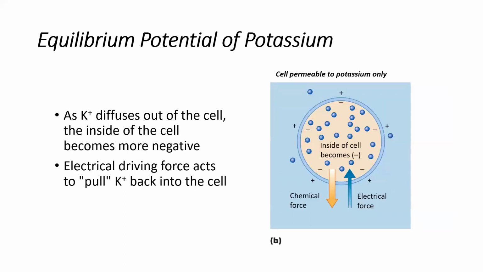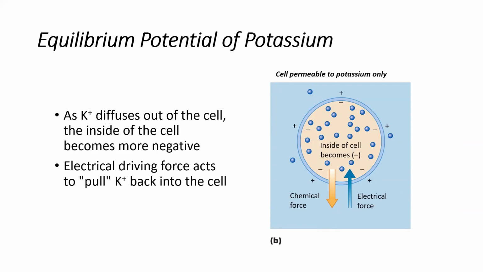The second thing is we want to look at the electrical force, because all of these particles are being acted upon by two forces. While we're considering them separately, we don't want to neglect the electrical force. As potassium starts to move according to its concentration gradient, from the inside of the cell to the outside, we've got this positive charge leaving the cell, leaving behind unopposed negative charge.